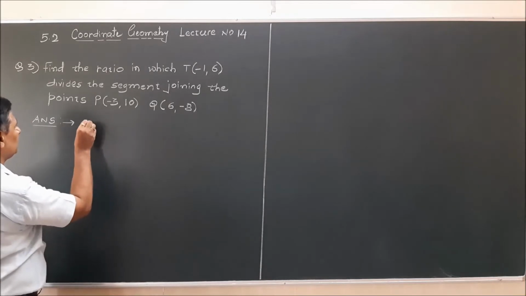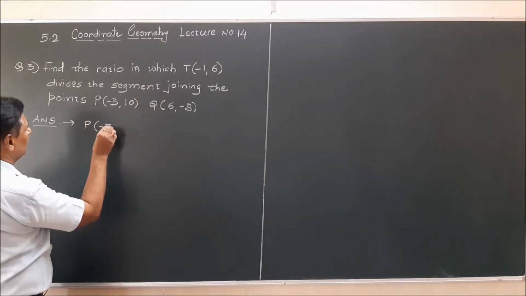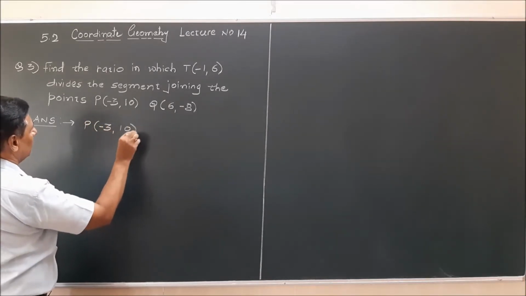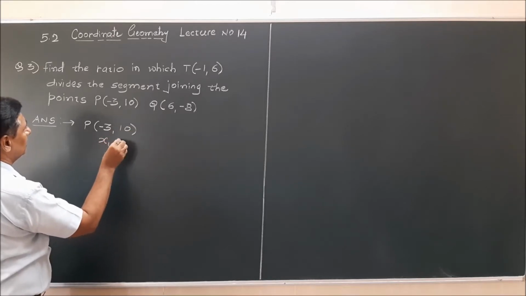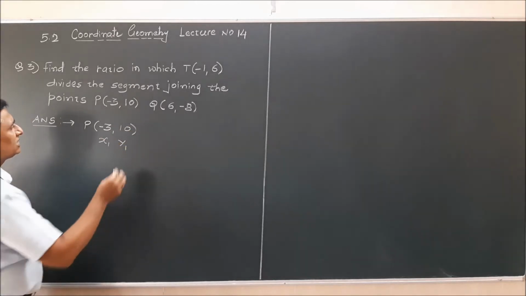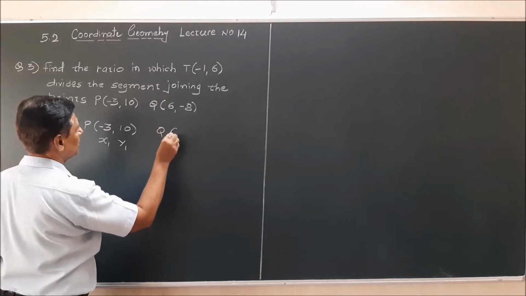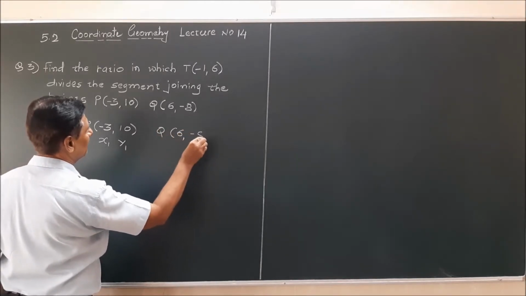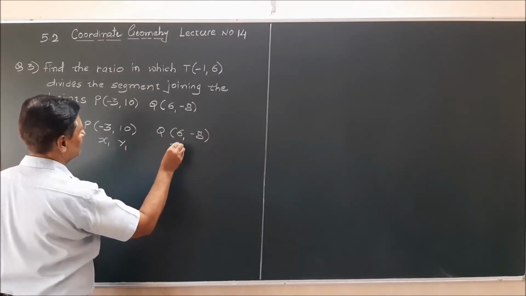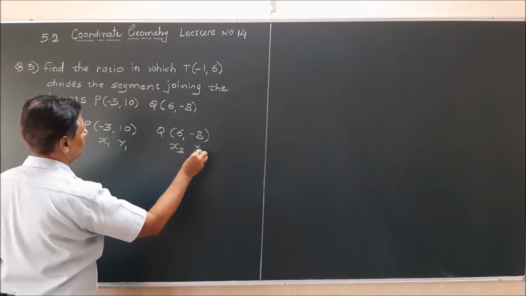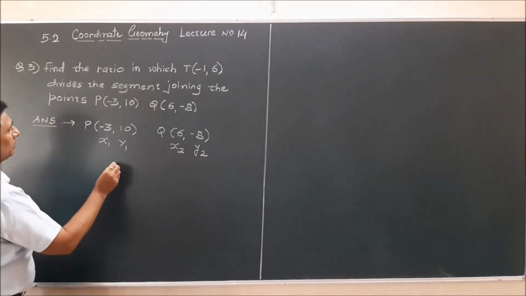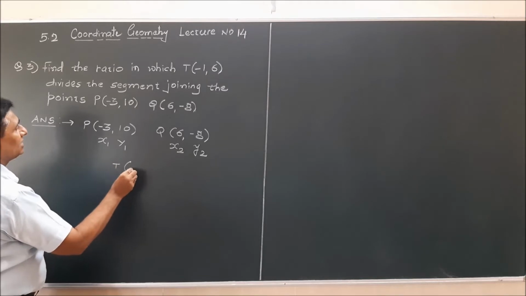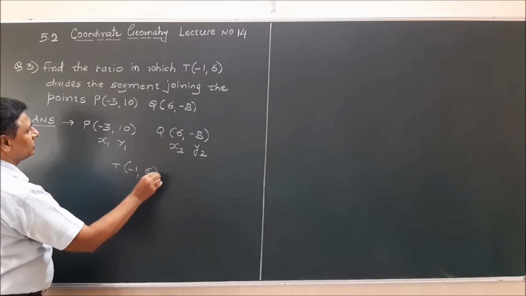So I label P(-3, 10) as (x1, y1), point Q(6, -8) as (x2, y2), and point T as (-1, 6).